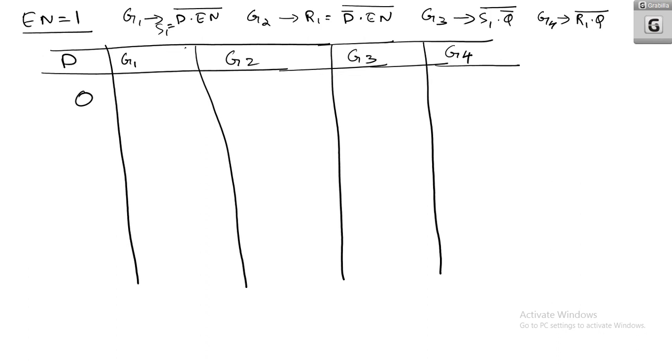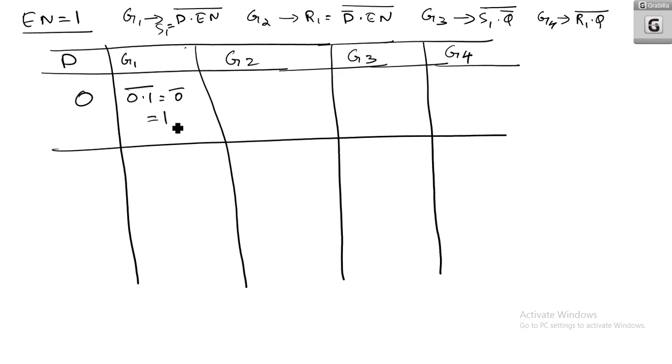Now when D is equal to 0, what happens? What is the output of gate 1? When D is equal to 0 and enable is equal to 1, it is (0 dot 1) the whole bar. That is 0 bar, which is equal to 1. So that is S1. What is the output of gate 2?